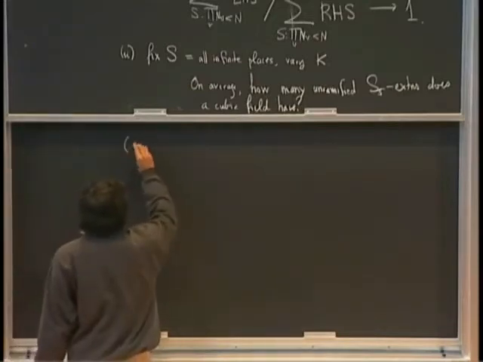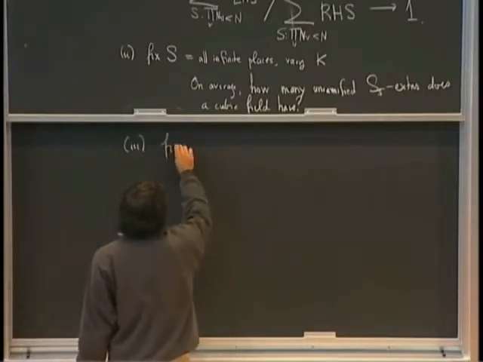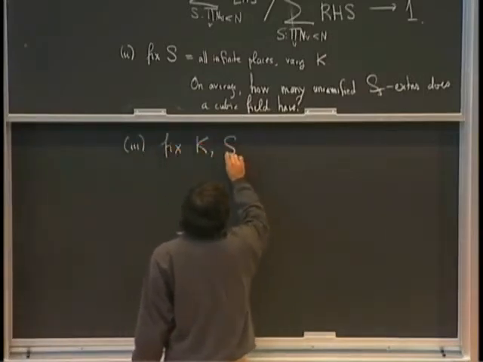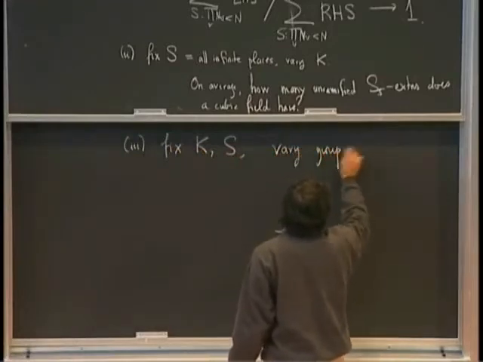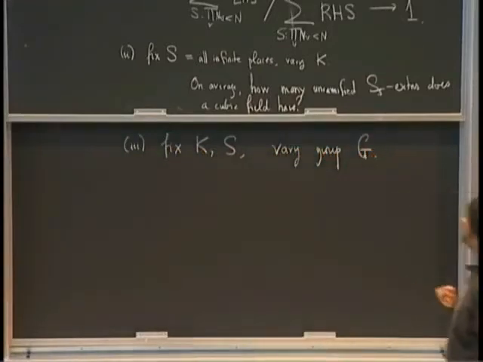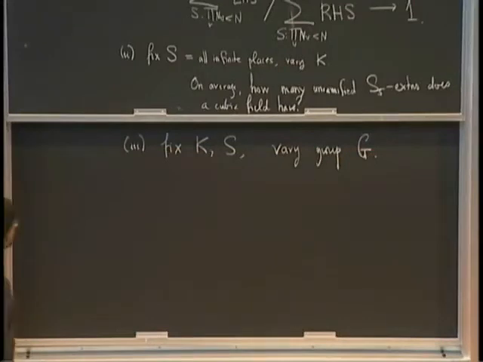And the third thing you can do, which is completely nuts, is you could fix K and S, and you could vary the group G. Okay, so here's an example of a question of this sort.